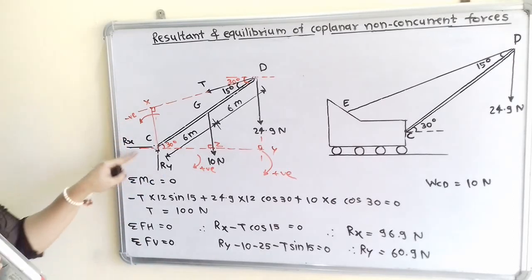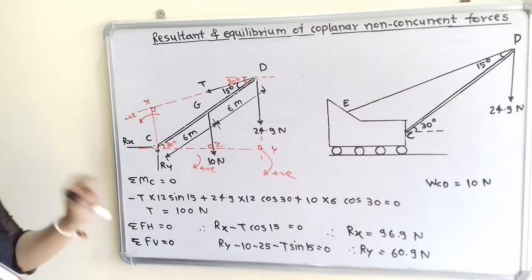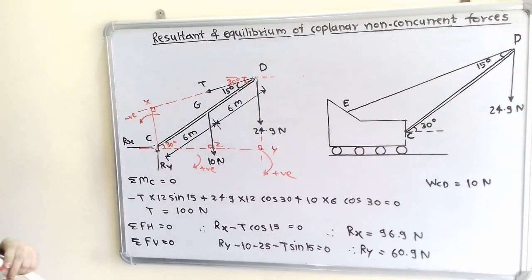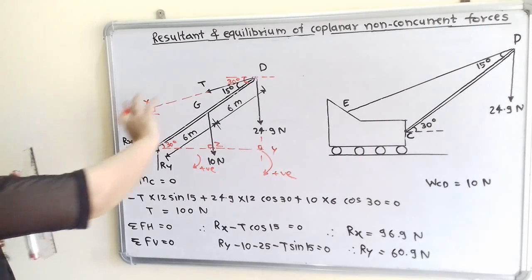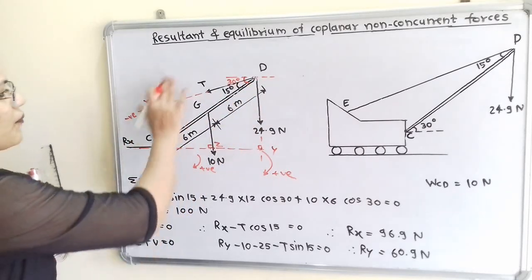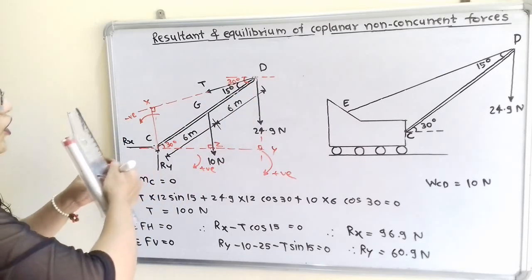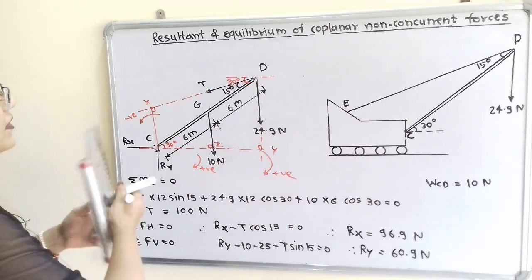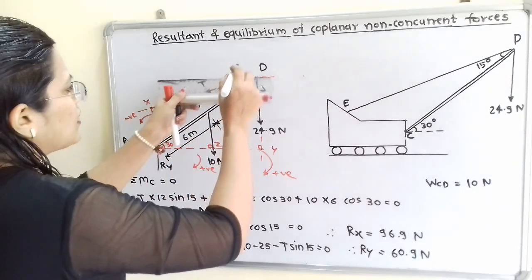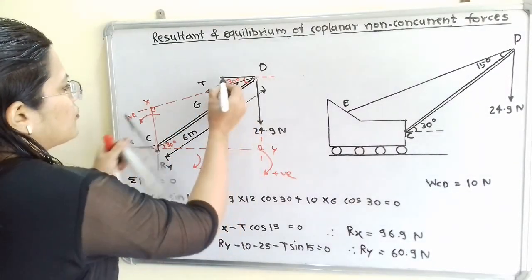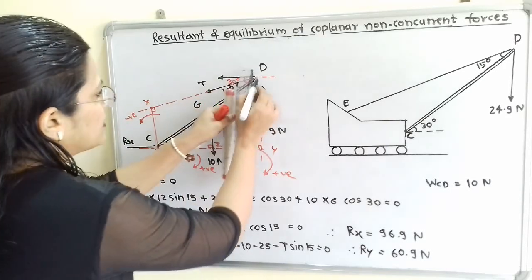So how to find Rx? That is the summation of all horizontal forces is equal to 0. Now if we observe this system, how many horizontal forces are there? T is inclined, so we will resolve this T into two components, first the horizontal component and here the vertical component.